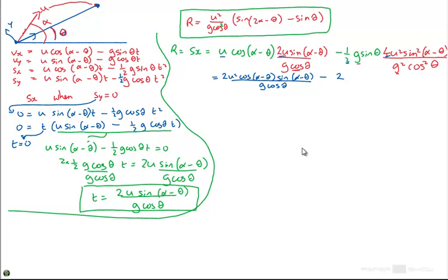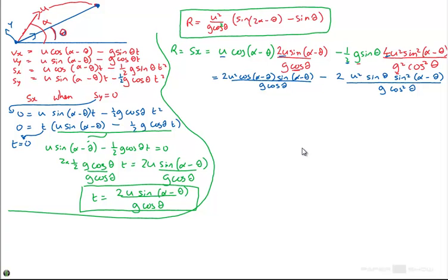So this would be 2 u squared sine theta sine squared alpha minus theta, all over g cos squared theta. Okay, so that was a simple cancelling and grouping terms.